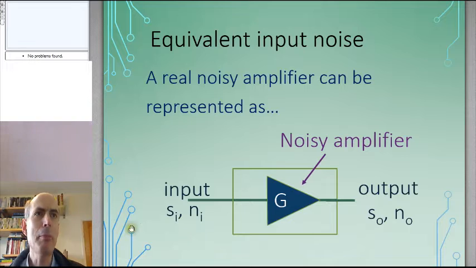Now, in general, an amplifier is going to have an input signal, SI, and some input noise, Ni.